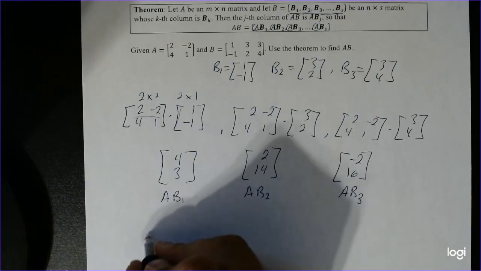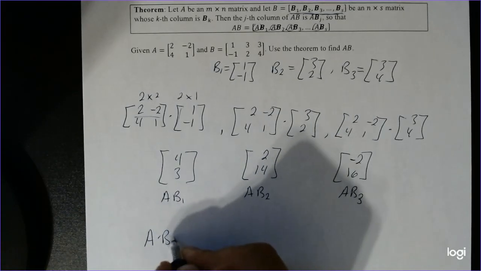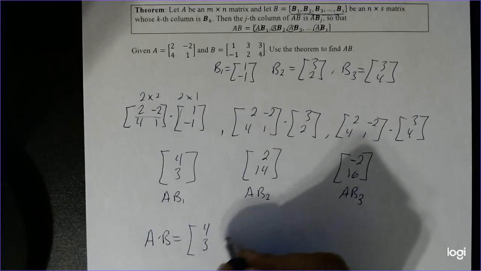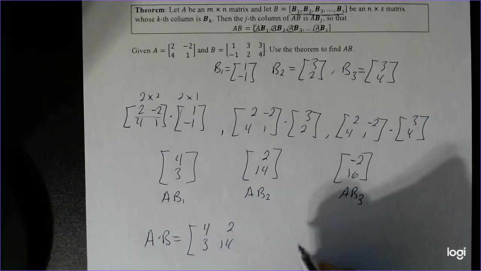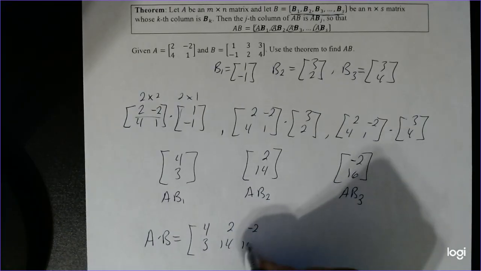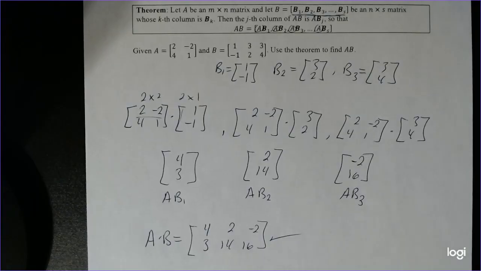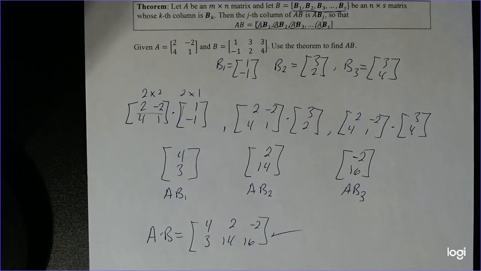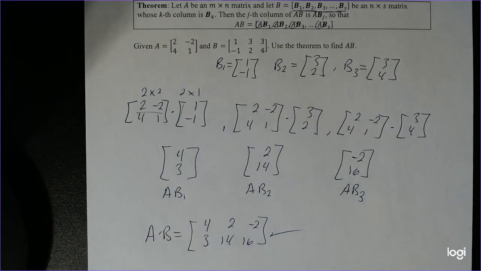So if I put them all together, A times B is just going to be the 4, 3, 2, 14, negative 2, 16. There we go. Again, just an alternate form. If you like the old way of multiplying, go ahead. I'm just showing you there are multiple ways to solve for a system and to multiply matrices, based off what you really like.